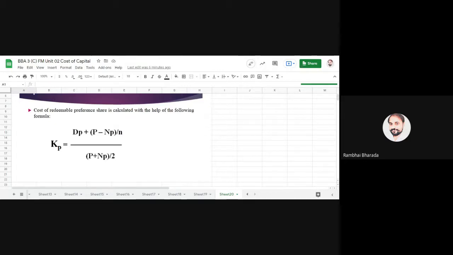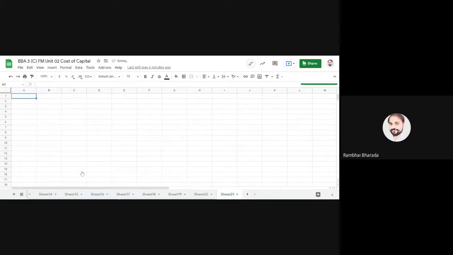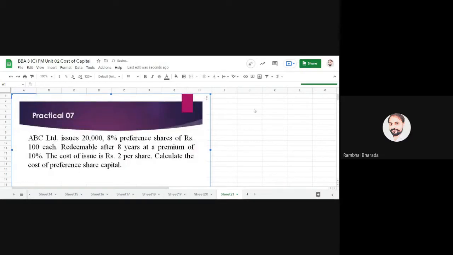Now ready with the practical question? Practical question number 7. Before reading the question, let me write the formula, so we will get the idea which values are required.